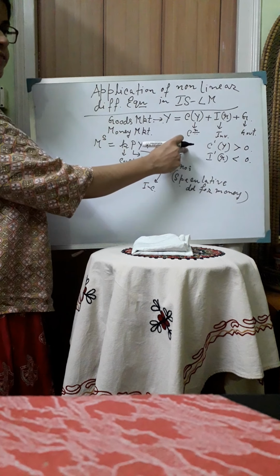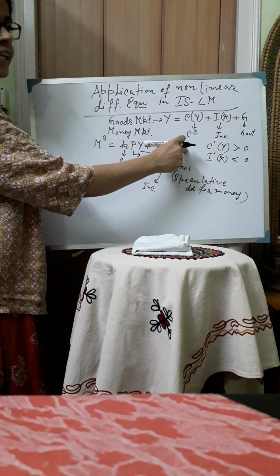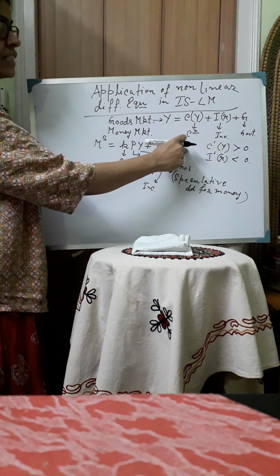Now if the rate of interest in the market rises, then rather than speculating, we will keep that money in the commercial bank, because if the rate of interest rises and we keep our extra amount of income in the commercial bank, then we will get a certain amount of income which is risk-free income. But if we go to the stock market and invest in bonds or stocks, then there is some risk associated with it.